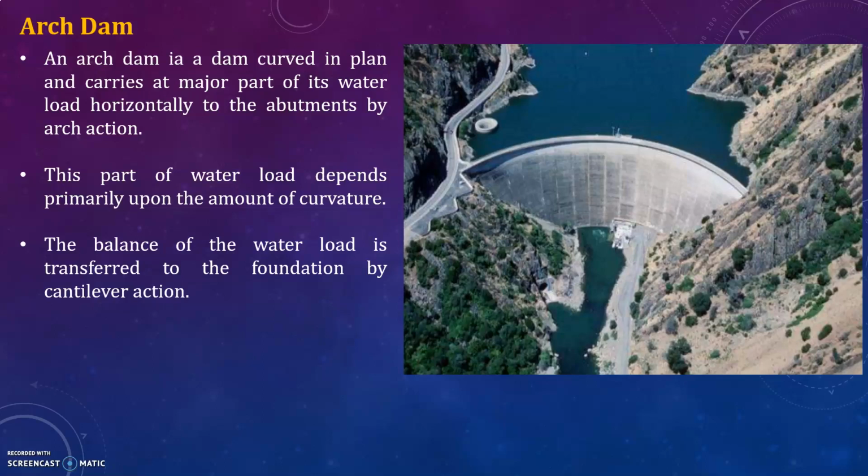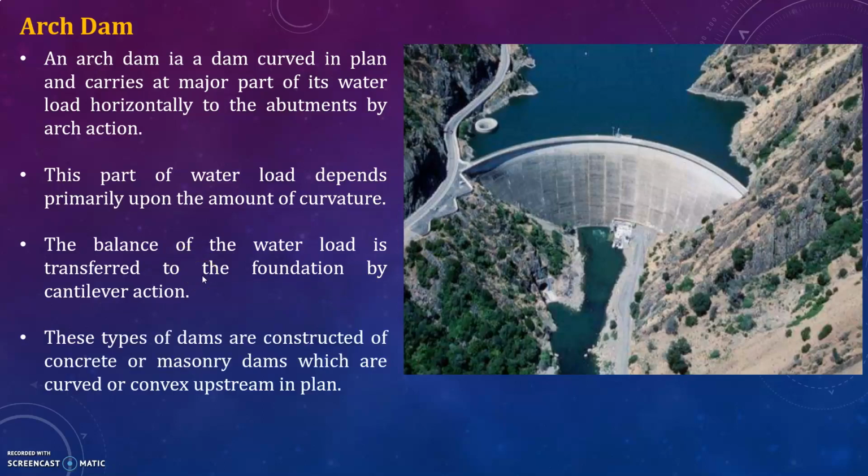The thrust developed by the water load carried by the arch action essentially requires strong side walls of the canyon to resist the arch forces. The weight of the arch dam is not counted on to assist materially in the resistance of external loads. For this reason, uplift on the base is not an important design factor.